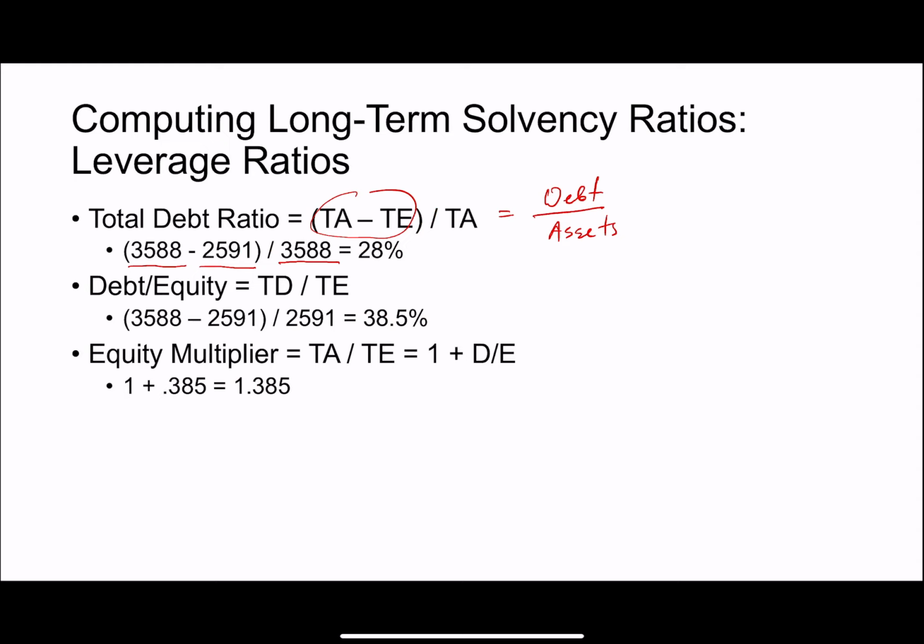Their total debt ratio is going to be close to 90%, meaning that most of their financing is coming from borrowed money. And that makes sense, because that's what banks do. They intermediate. They borrow money from people in the form of deposits, and then they lend money to people in the form of loans. So it's very normal for them to have very low equity, because they're intermediaries, they're middlemen.